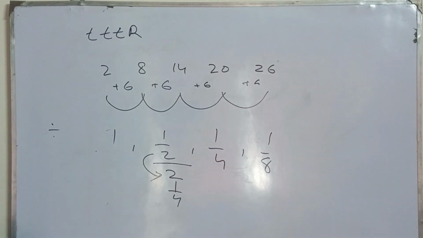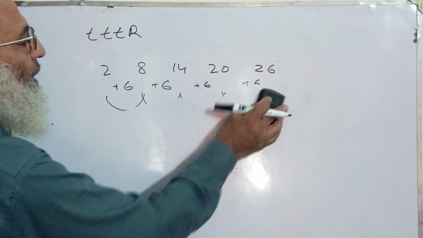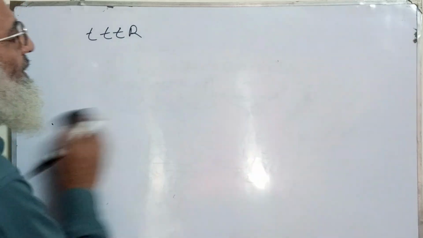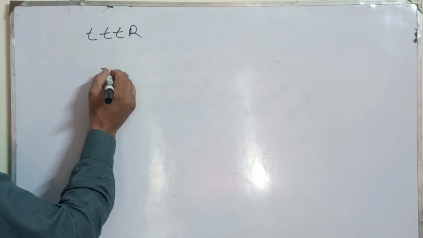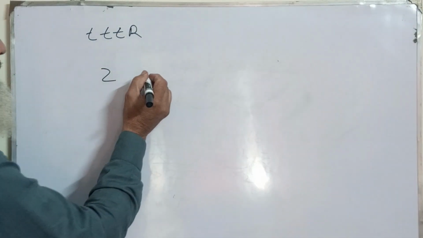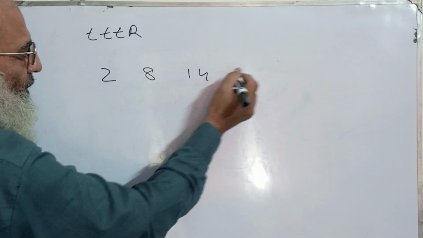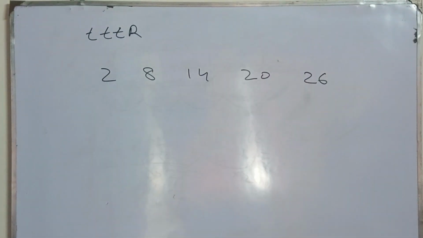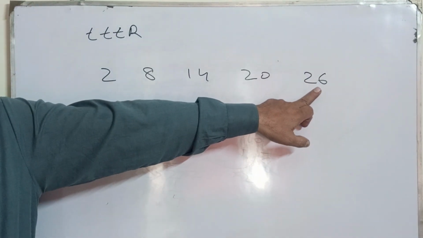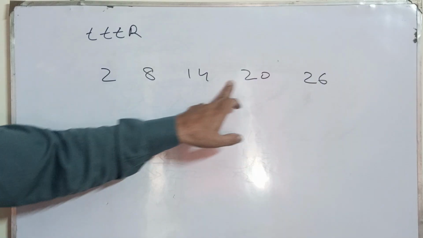Okay, now going a little forward, you see that I just erased the sequence: 2, 8, 14, 20 and 26, I think. Now this is the fifth term over here, this is the fourth term, this is the third term.